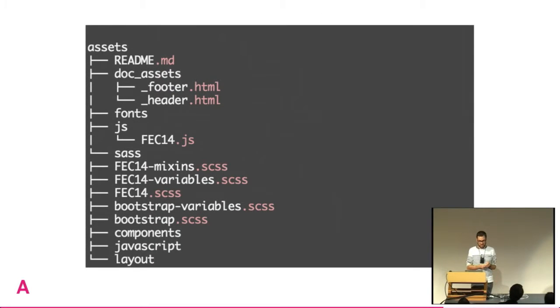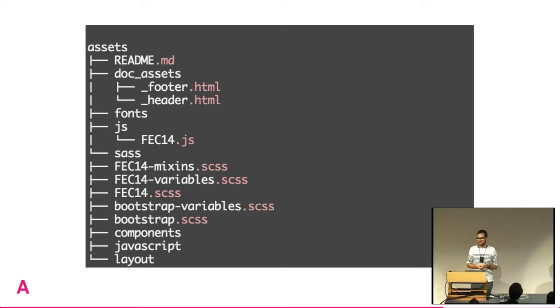Then if we go to the assets folder, that's where you're going to work. You already have the front-end conference 14 SCSS. That's like the main styles. And inside, you include all the components and elements you are coding in your CSS.